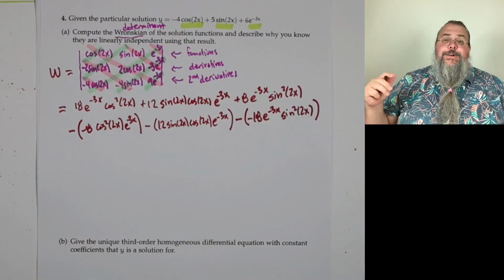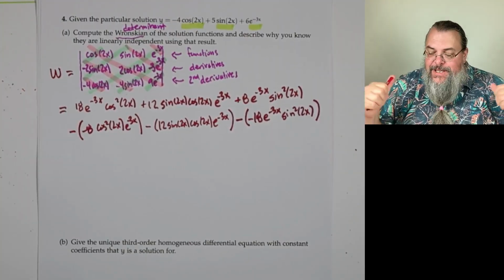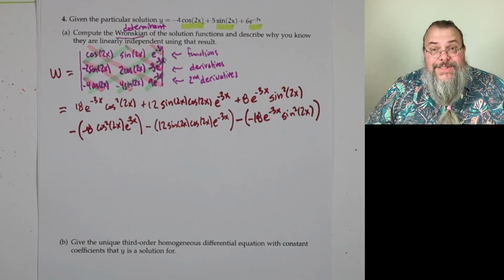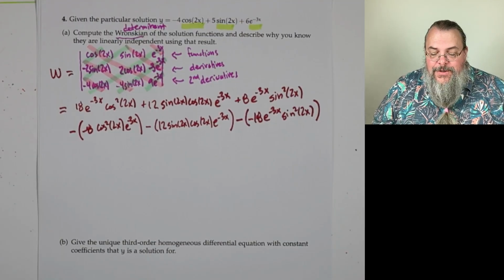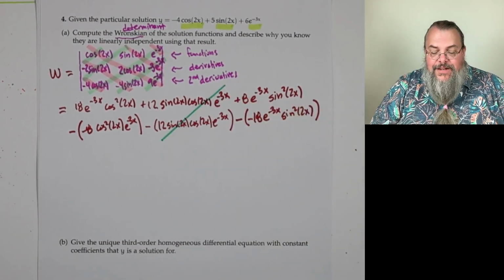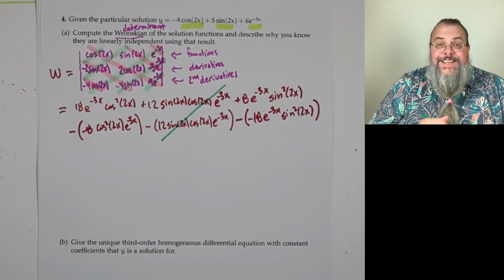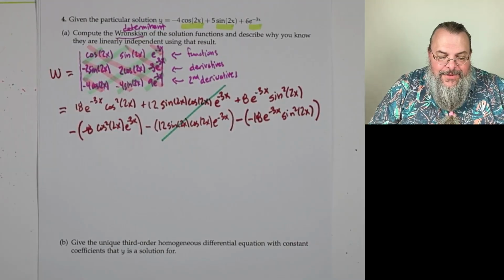Now, clean it up. And if you've lived a good, clean algebra life, nice things should happen. Do nice things happen here? Yes, those middle terms cancel. They're the same except for sign. One's plus, one's minus. Woohoo! What else do we see?